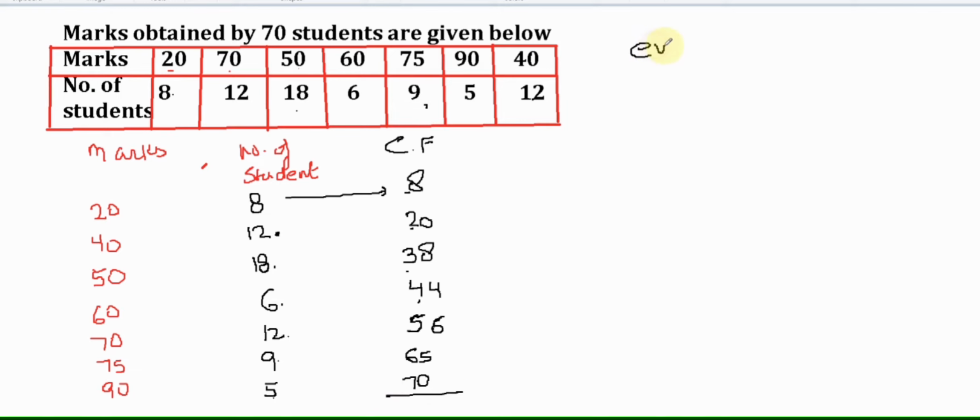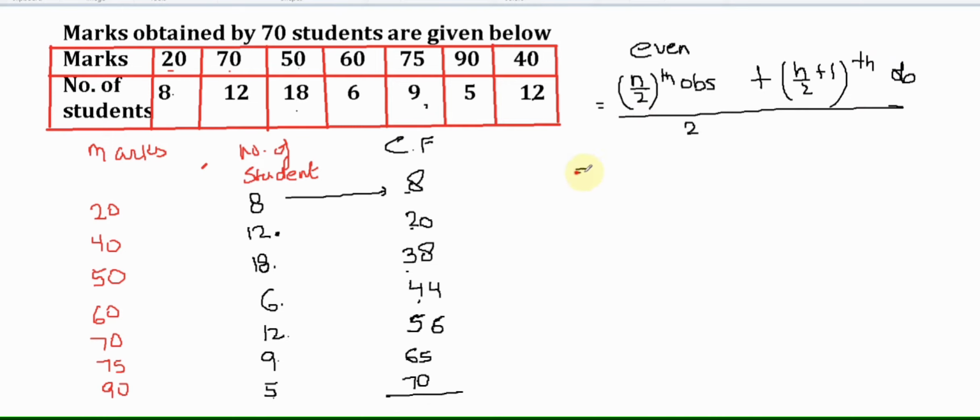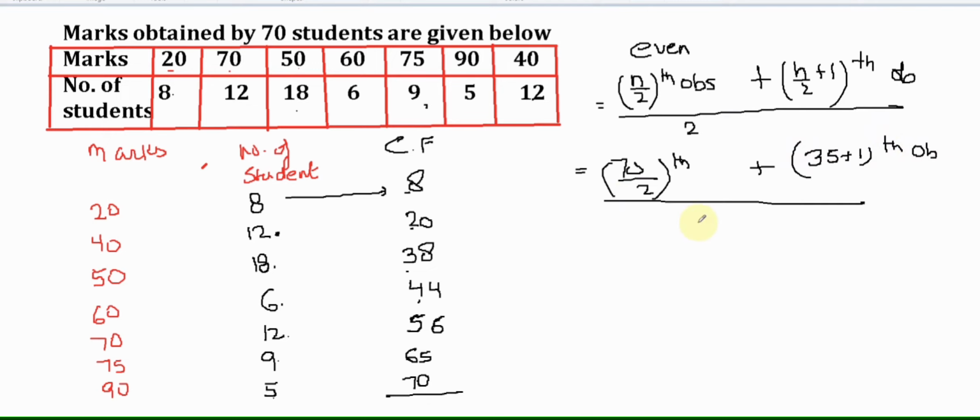Now here you have even data. For even, I told you the formula was n by 2th observation plus (n by 2 plus 1)th observation, upon 2. So here I have 70, 70 by 2 is the 35th observation, plus 70 by 2 plus 1, the 36th observation, upon 2.